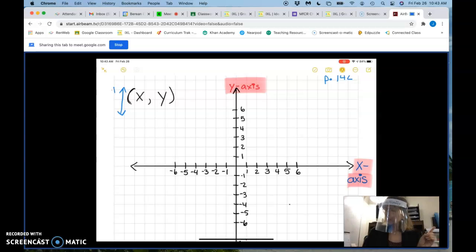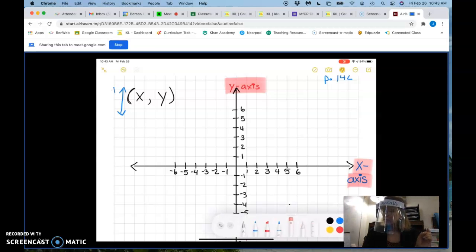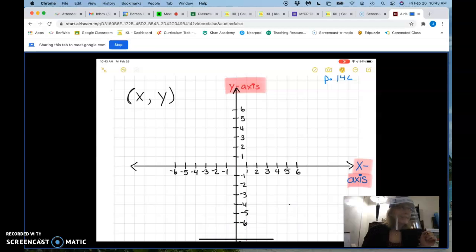Good. Oh, I'm sorry, I'm doing the wrong thing. My bad. Yes. See, that's why I need your help, Cameron. Okay, so we go right if the number is positive, and we go left if it is negative.